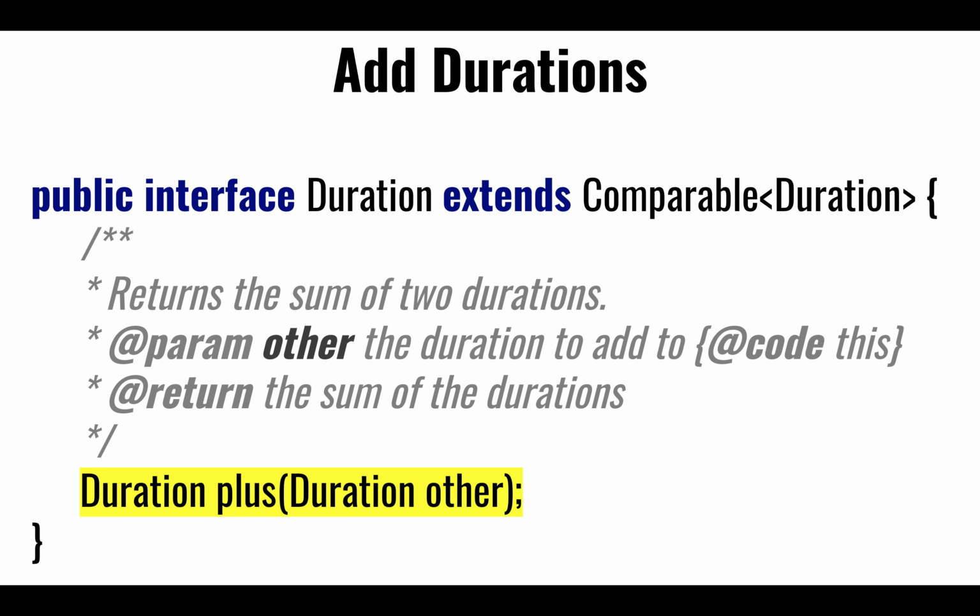Most commonly, the way to add it will probably be to convert everything back into seconds, do the arithmetic, and then return the equivalent of that particular implementation.